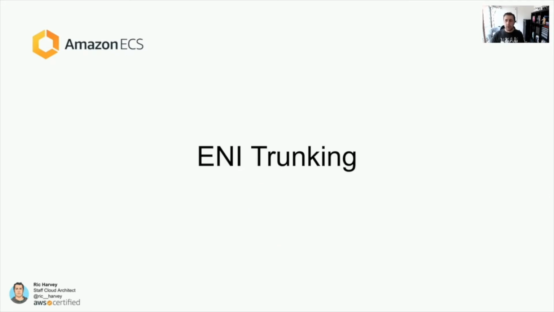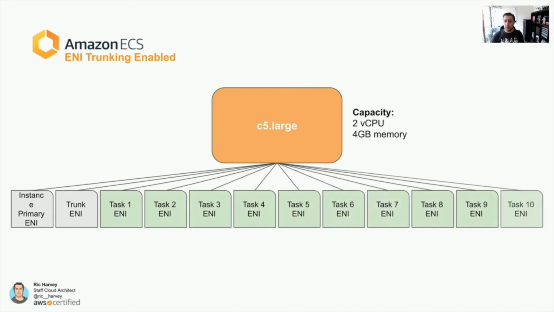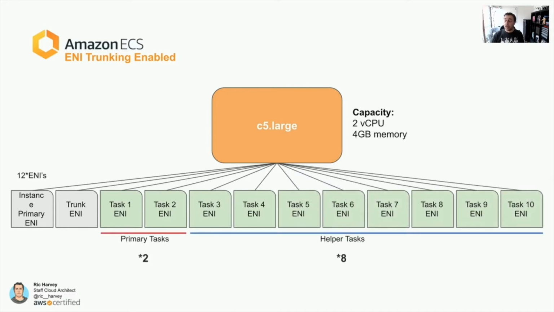So what can you do? Well, it's ENI trunking. ENI trunking is a feature you have to switch on. And when you do so, you get a primary network interface and a trunk interface connected to the C5 large instance. Now, don't worry, it doesn't mean you can only run one task now. What actually happens is you can now run 10 tasks because you can attach a further 10 elastic network interfaces.